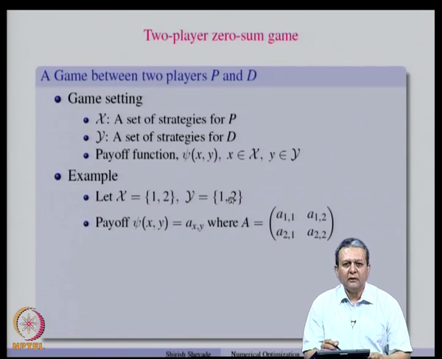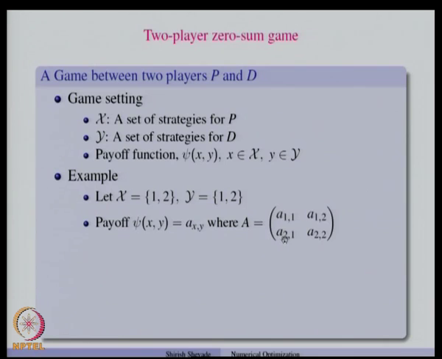The payoff function can then be written in the form of a matrix A, whose entry (x, y) denotes the payoff corresponding to the strategies x and y. So, if P chooses strategy 2 and D chooses strategy 1, then the payoff associated with that game is A(2, 1).